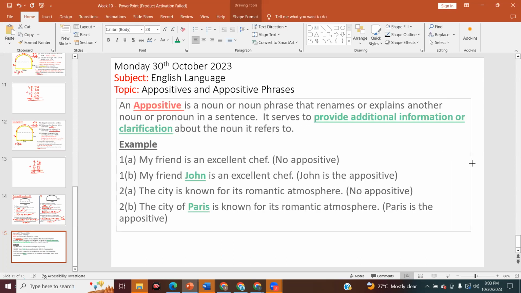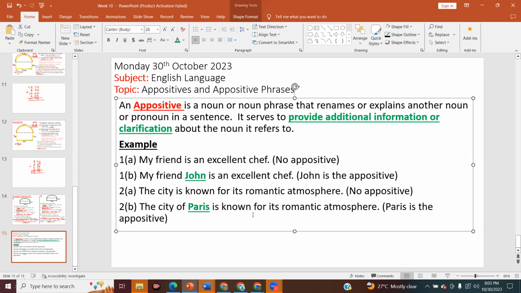Because it's providing us additional information about the city. Very good. That's what we mean by an appositive. But the topic is not just about appositives. The topic is about appositives and what else? Appositive phrases. So what do you think an appositive phrase is?